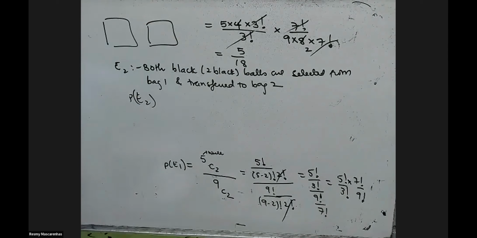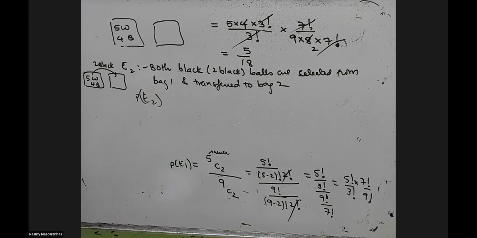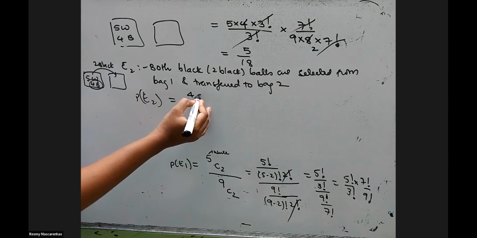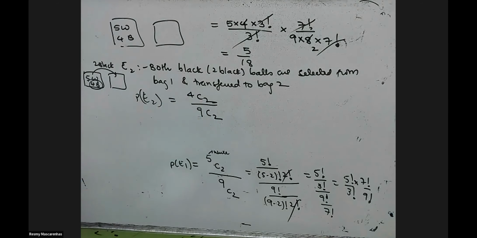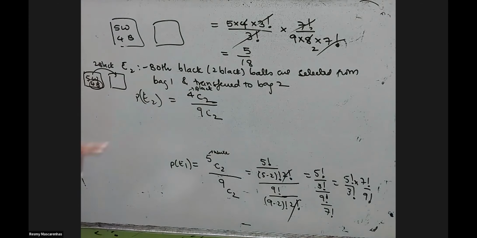What was there in bag 1? 5 white and 4 black. So now you have to pick 2. At the side you can write 5 white, 4 black. Here you're picking 2 black, you're transferring 2 black. So what are the chances? You have 4 options out of 9. This is because there are 4 black available in bag 1, and from 4 you have to pick 2 black.